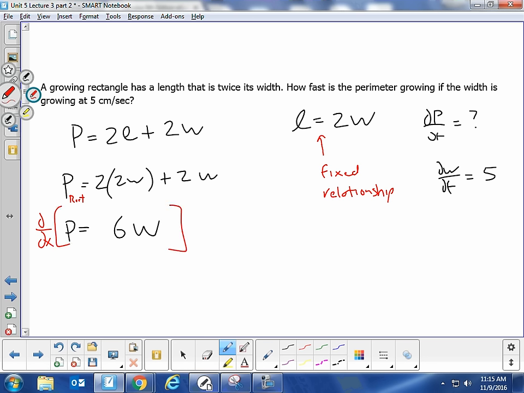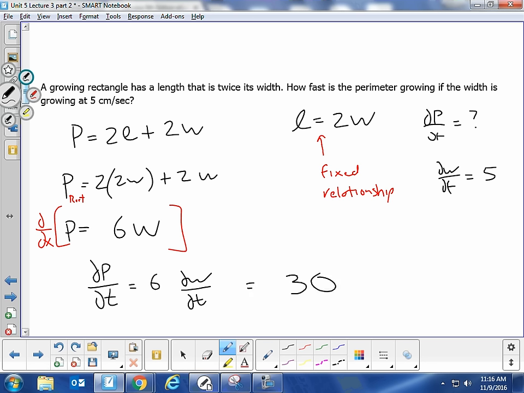Derivative of P is dP/dt. Derivative of 6W is 6 dW/dt. Plug in dW/dt, which is 5, and I get 30.